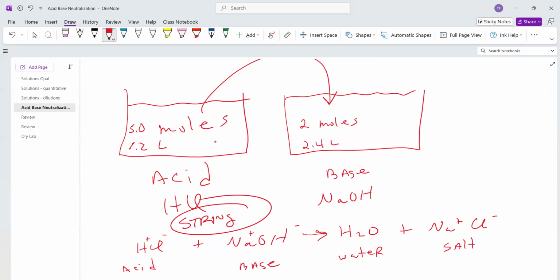It's like going from simple stoichiometry to limiting reagent. That much of a jump. So weak acids and bases are a pain. Strong ones are very straightforward.